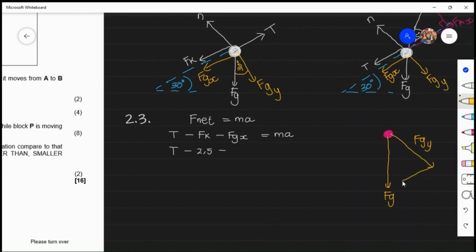And to complete that triangle, we have Fgx. Now, my Fgx is the same as what is in my free body diagram. We can even write it up here if we want to. It means the exact same thing. If you notice, both vectors are parallel to one another, so there's no difference.